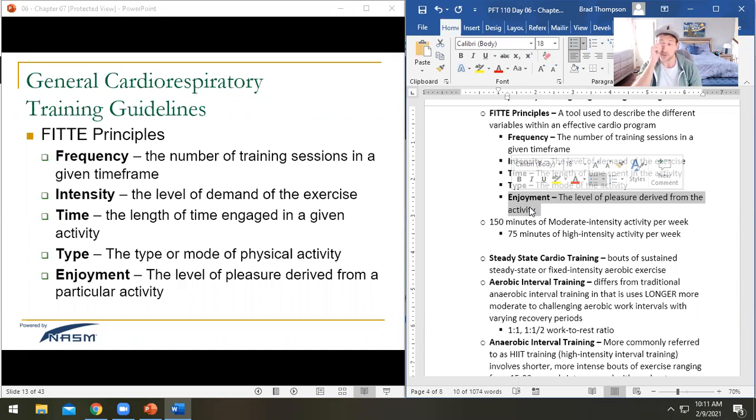Ideally, I like to get the best of both worlds. But if I have to choose between my client liking something and hating it, I will always choose liking, because that way they're going to come back more often. One perfect workout that they hate and decide to never come back after is less effective than 20 workouts that were not quite as effective, but over time, that's way more calories burned. So enjoyment is a huge factor here.